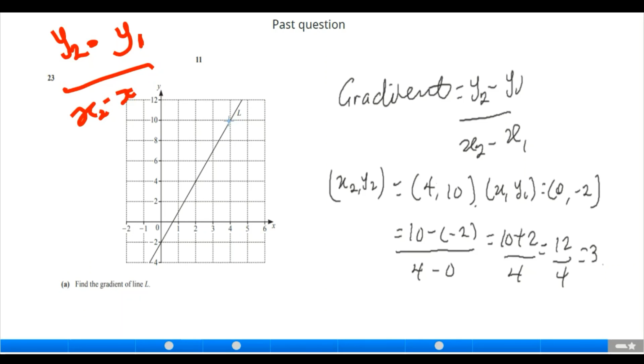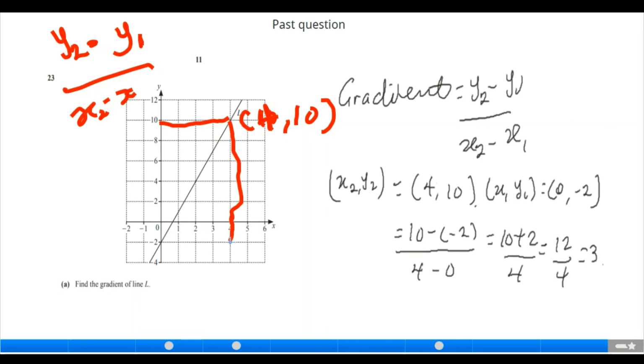Now, the line is not straight. This is a point we have here, and look at this: x is 4 and y is 10. Now let's look at the second one here.